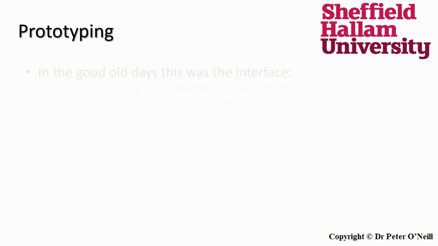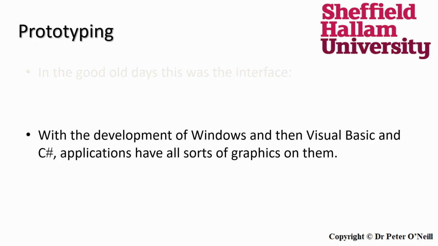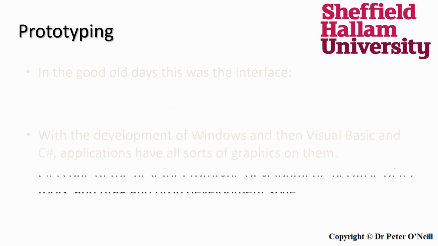Gratefully, you'll be happy to know, and you do know, that with the development of Windows and with Visual Basic and then C#, applications of that sort of graphics on them now don't have to do any of that. You can just drag and drop.